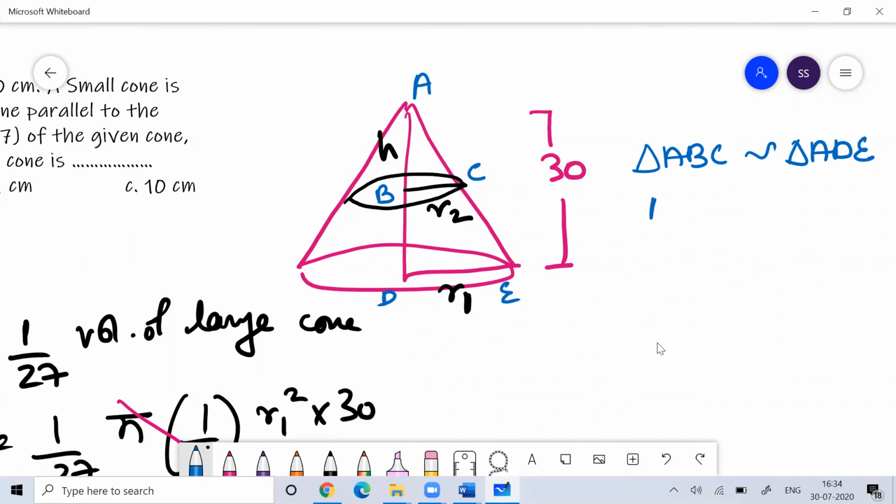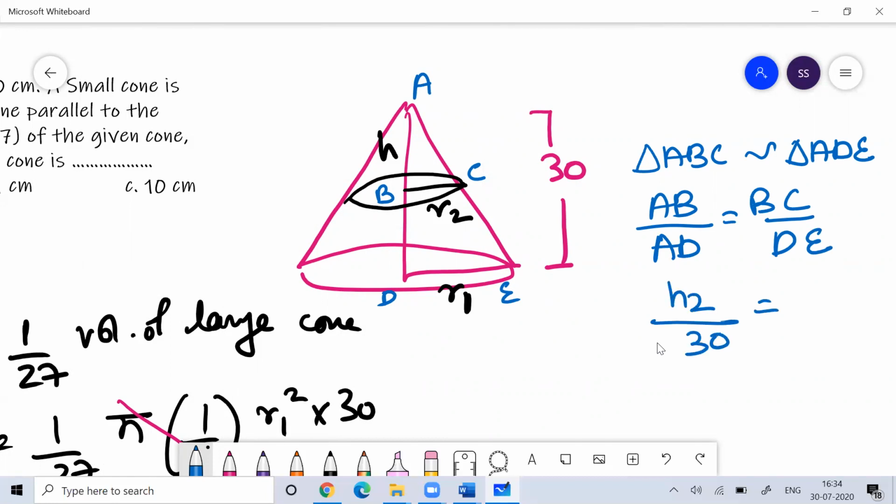So with that you can say AB by AD will be equal to BC by DE. So you know that H2 by 30 will be equal to R2 by R1. Fine.